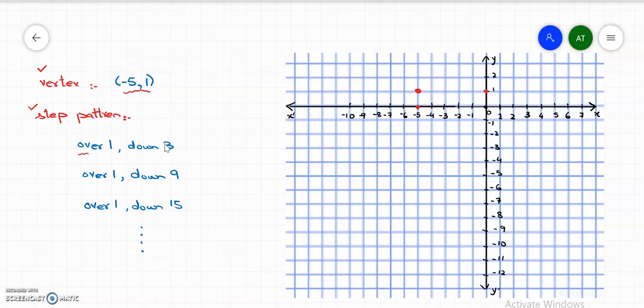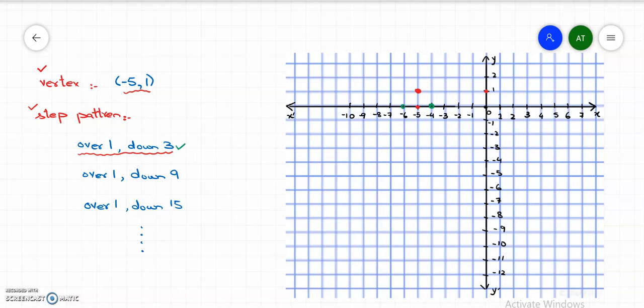The first step pattern is over 1 and down 3. We are at x equals -5. Over 1 means we move 1 unit to the right and 1 unit to the left. When we move 1 unit to the right, we will be at -4, and when we move 1 unit to the left, we will be at -6.